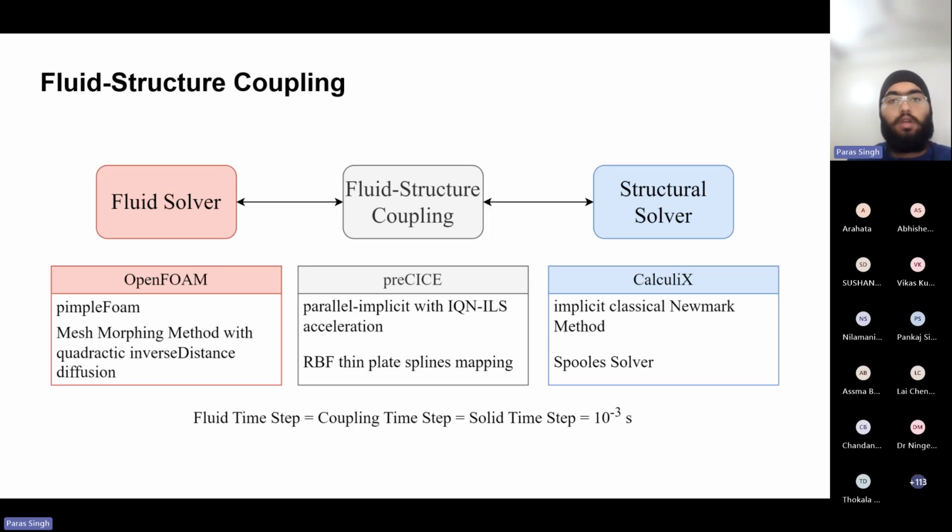Since we all know OpenFOAM is a finite volume method which solves for the solution at the cell centers, and CalculiX is an FEM method which calculates the solution at the nodes, we need a data mapping scheme to facilitate the information exchange at the boundaries of both these bodies. preCICE provides several data mapping schemes, and we have used the RBF thin plate spline mapping method because it's second order and provides greater flexibility for coupling compared to the other available schemes.